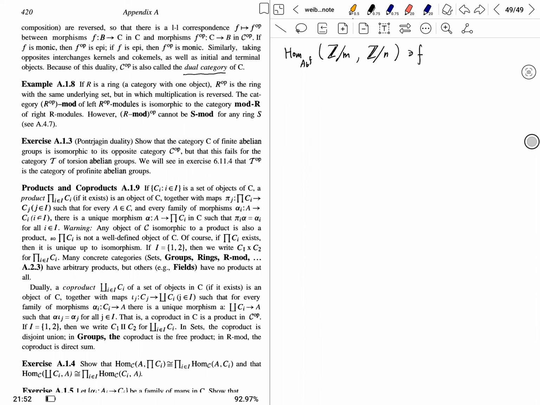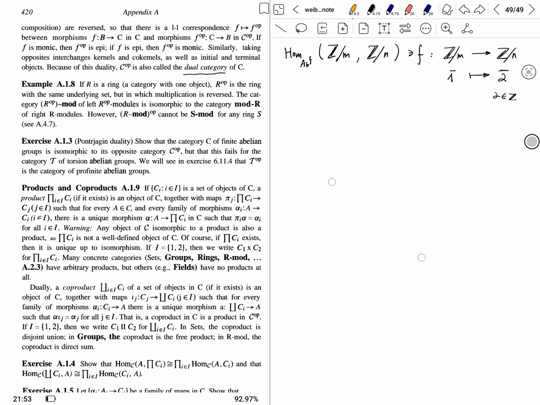Take an arbitrary map here. It's uniquely determined by the image of the multiplicative identity 1. Suppose this is mapped to alpha bar. And so f is uniquely determined by this alpha bar, but this is not an arbitrary alpha.